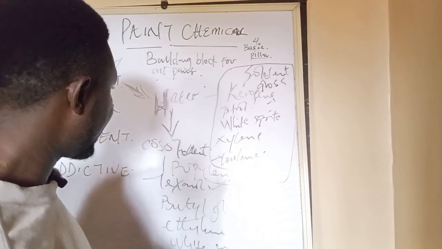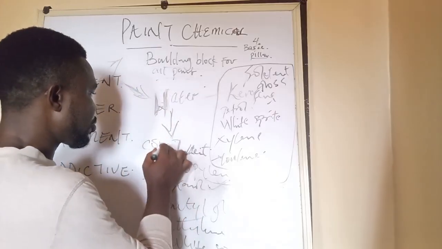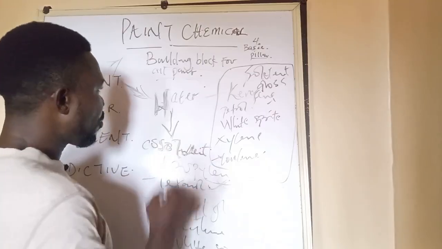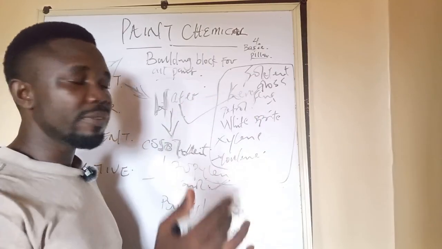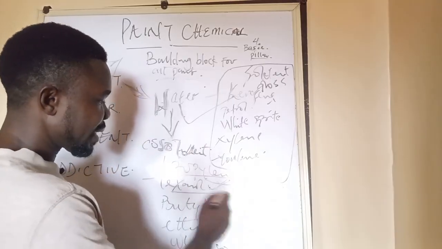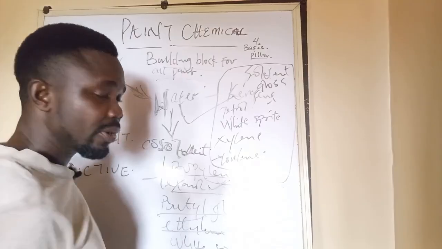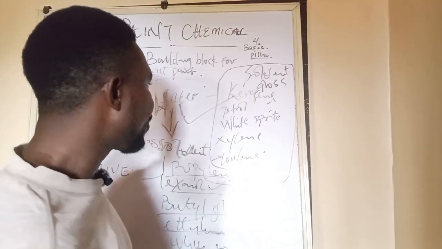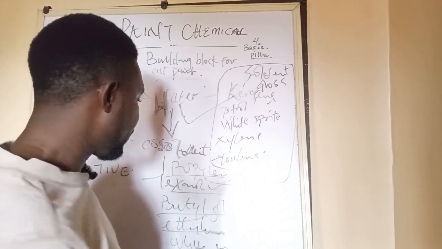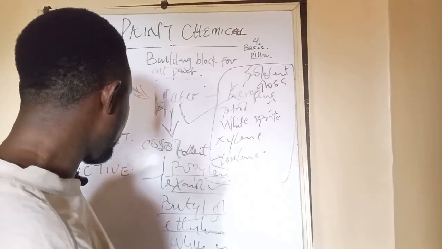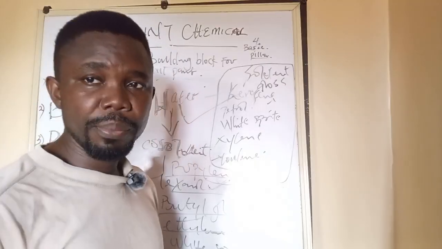They still fall under this, serving as co-solvents. In other words, one of these will be the main solvent, and other ones like this can be the co-solvent. They help the main solvent with its functionality and perform their own function and duty in that paint as well.